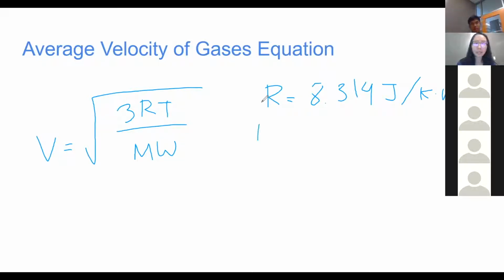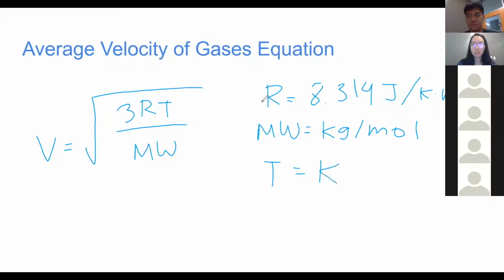And the molecular weight will be in kilograms per mole, so that it can cancel out with the joules. And T is going to be in kelvins. So make sure that you pay attention to the kilograms, because it's going to be a different R value.